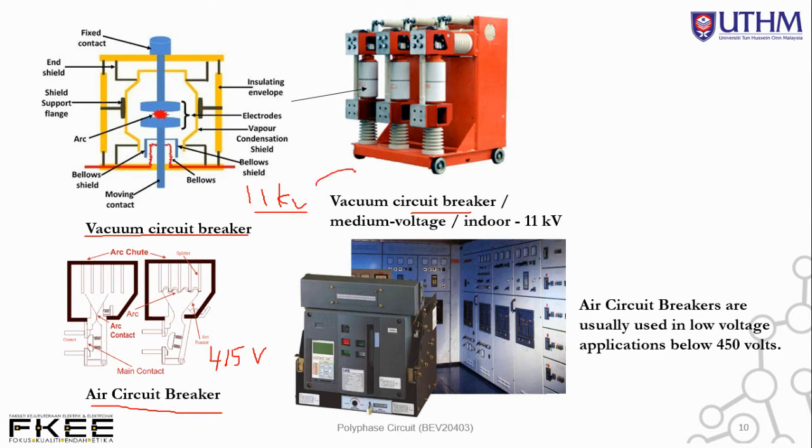This one is designed for 11 kV, while the ACB is designed for 415 volt. ACBs are usually used in low voltage applications below 450 volts. Meanwhile, the vacuum circuit breaker, or VCB indoor, is for 11 kV.